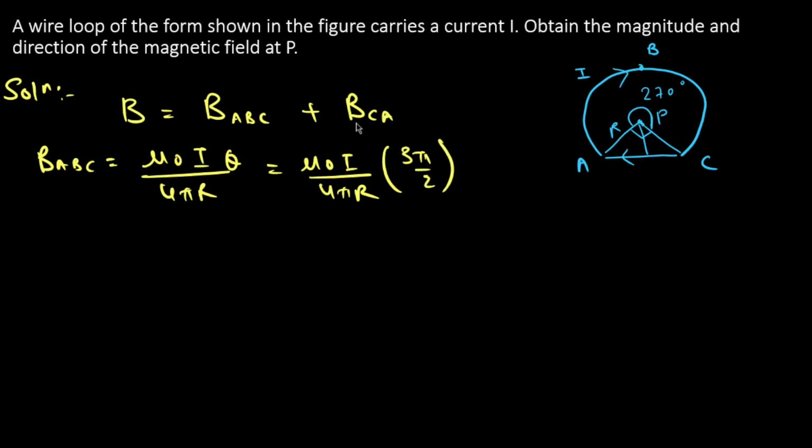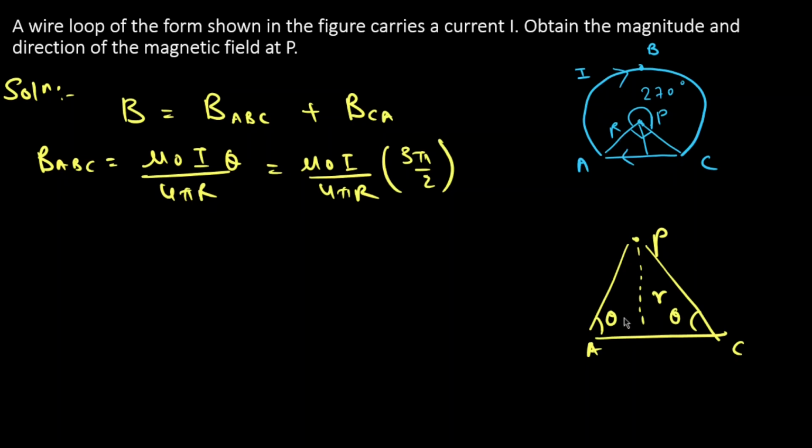Now in order to calculate the magnetic field due to the finite length wire CA, let's consider this point P, which is at a distance small r, and these are the end lengths. So the end lengths A and C are making angle theta, which will be equal.